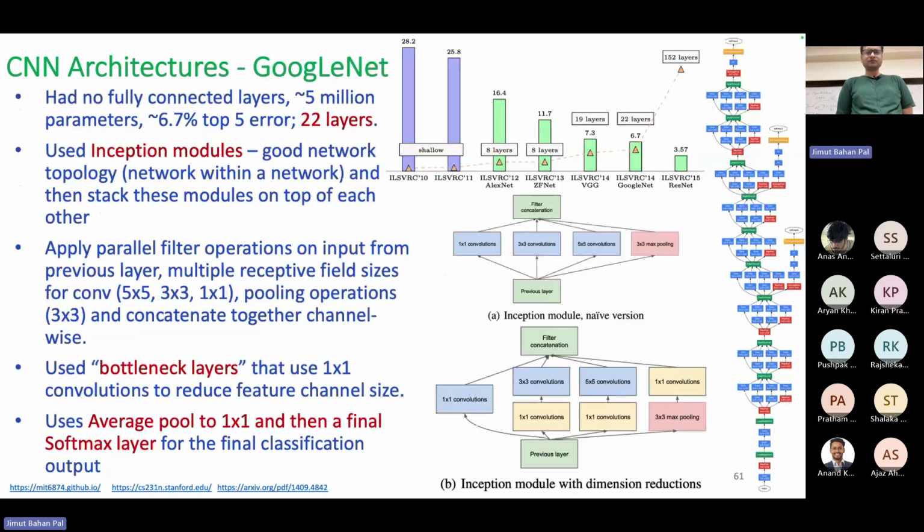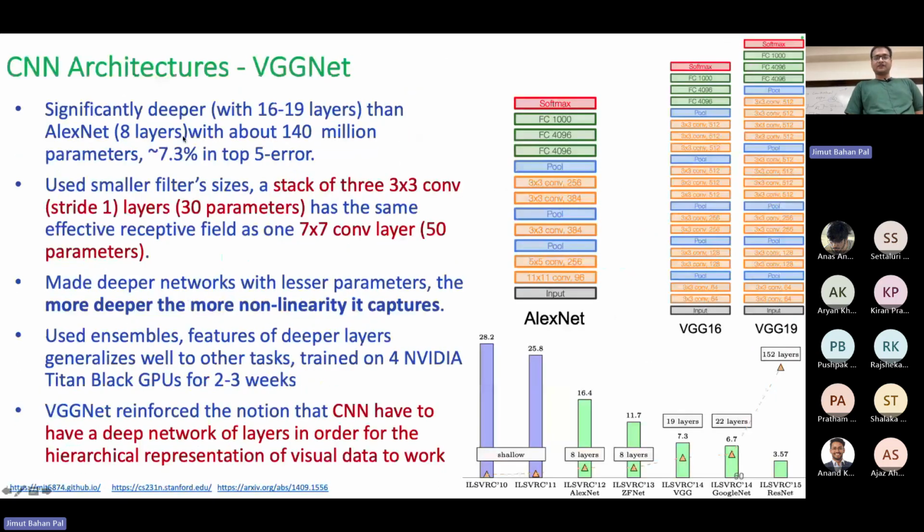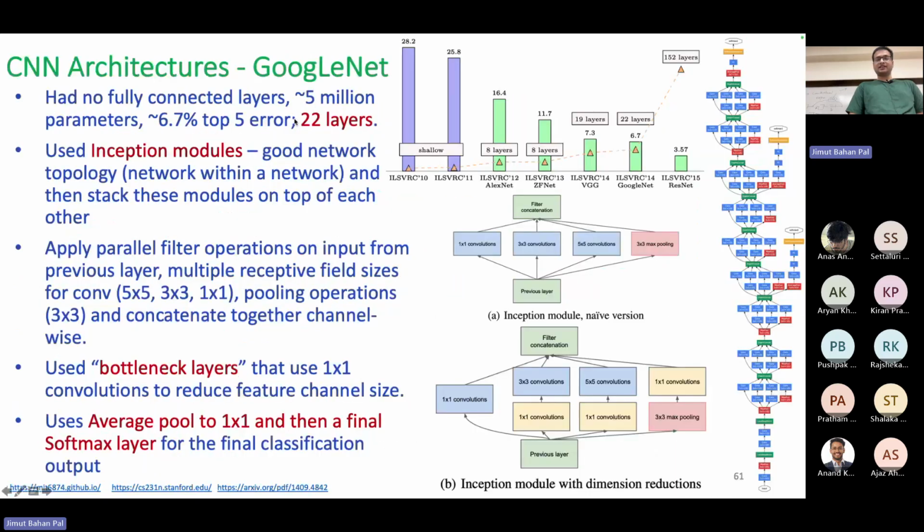Next is GoogleNet. GoogleNet had around 5 million parameters, and they also achieved a top 5 error of 6.7% using 22 layers. The previous method used around 16 to 19 layers, but they used 22 layers. They found that when we increase the number of layers, the parameters also increase. We have seen the 1x1 convolution in the previous slides.